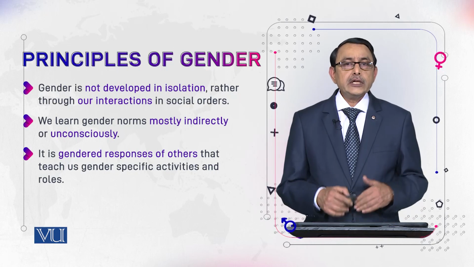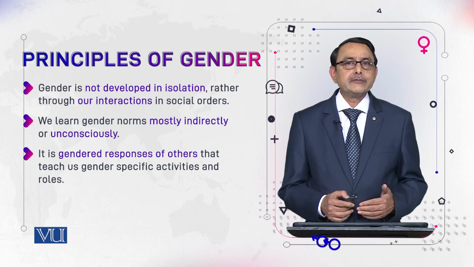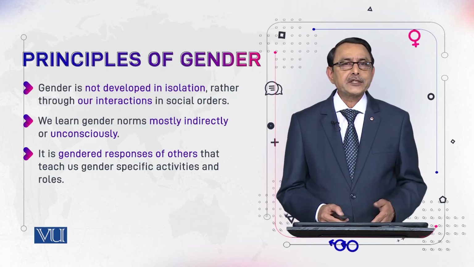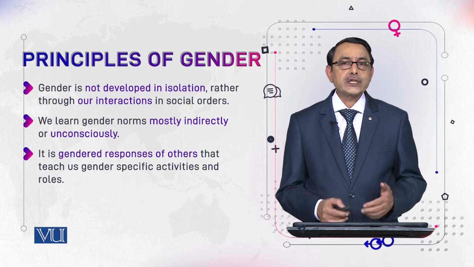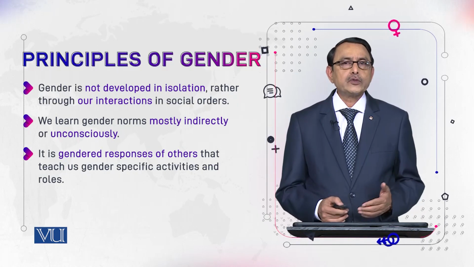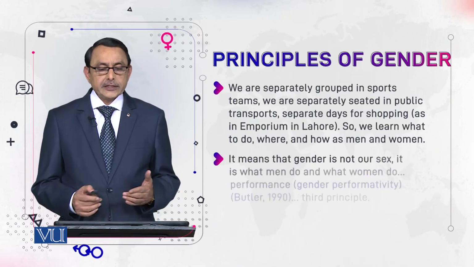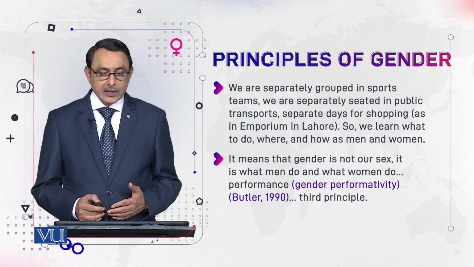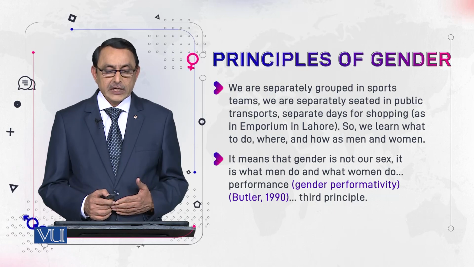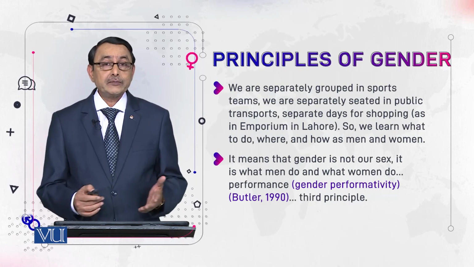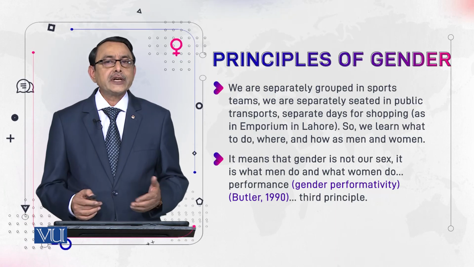So when we interact with people, their responses to our behavior, to our talk, to our hairstyles, to our habits, would teach us indirectly how we should behave. We are separately grouped into sport teams. We are separately seated. See how responses are given during interactions.